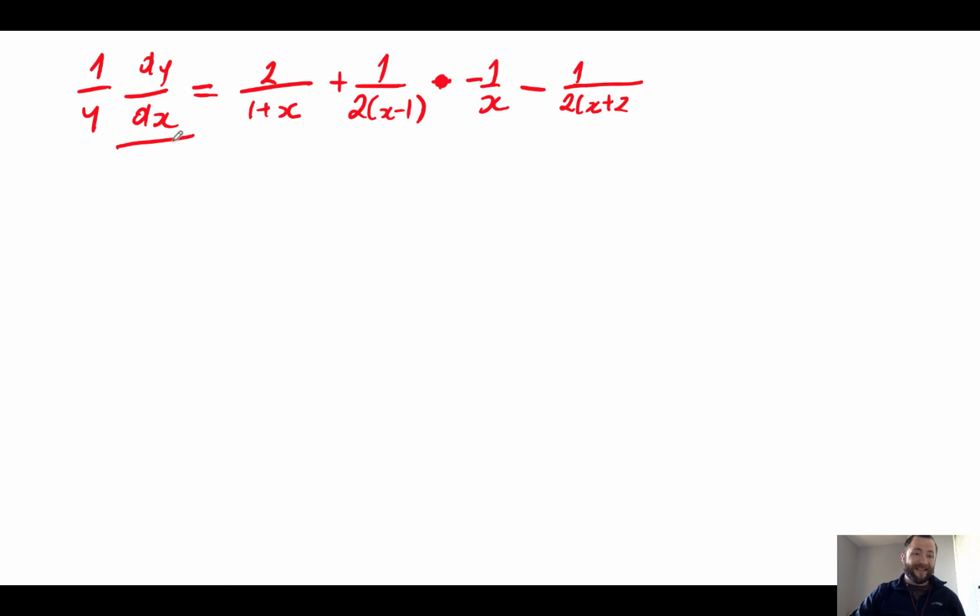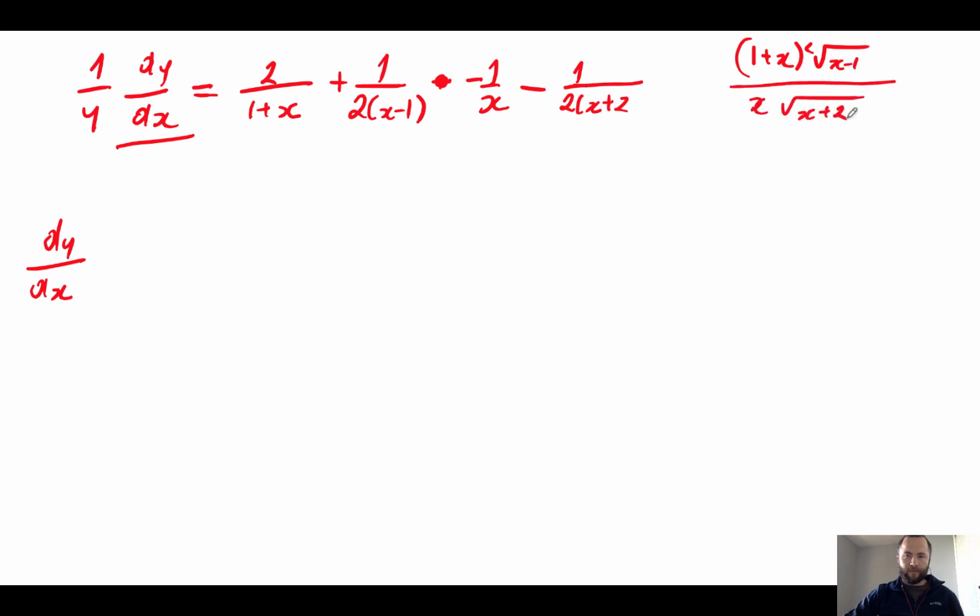So dy dx is, when I solve for this, the derivative of my original function, (1 plus x) squared square root of x minus 1 divided by x square root of x plus 2. So this is the original function that I started with, and I was interested in the derivative of this function. So the derivative of this function dy dx is simply the function multiplied by this expression.